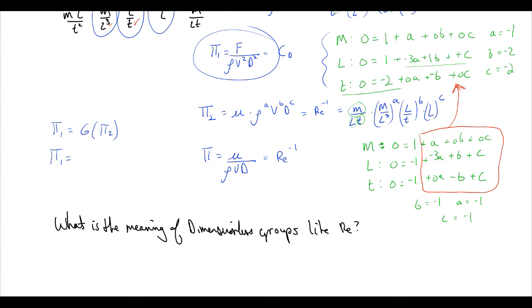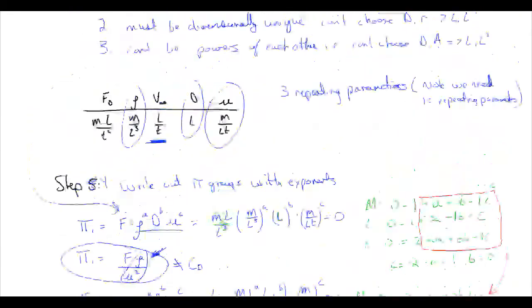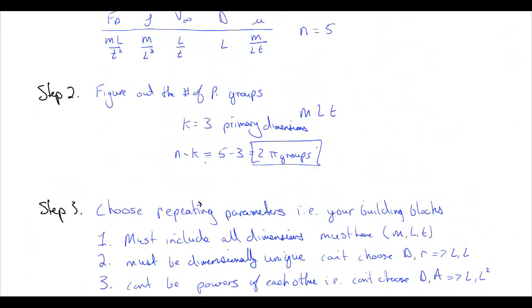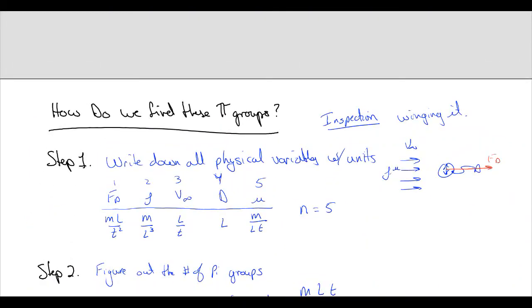Our f over rho v squared d squared is equal to some unknown function of mu over rho v d, or it's equal to some unknown function of the Reynolds number to the negative 1. Now, that's not what we wrote up here. You'll notice up here, previously in our notes, maybe I skipped over it.